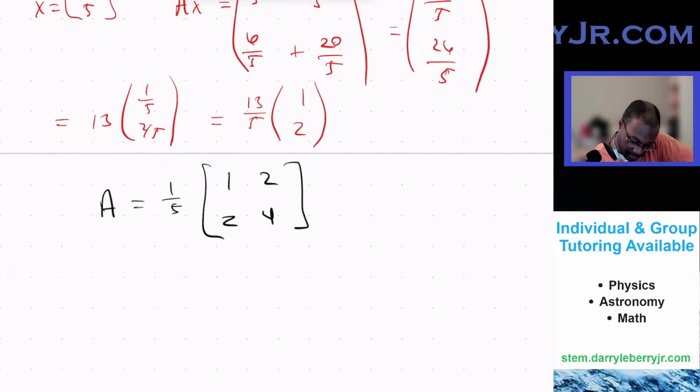So this relates to the first row of x, and this relates to the second row of x.